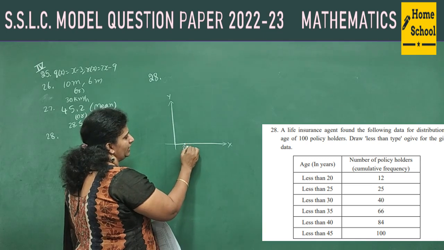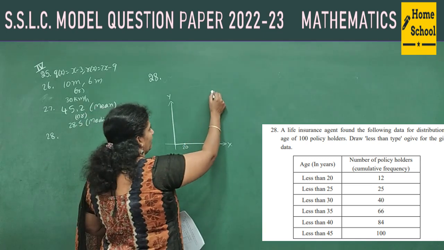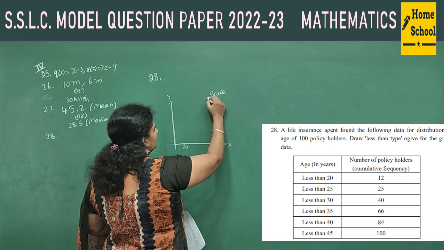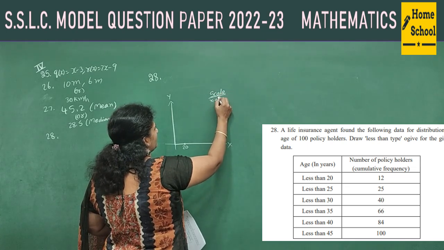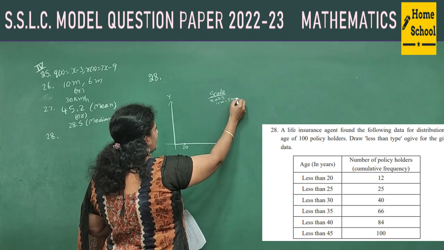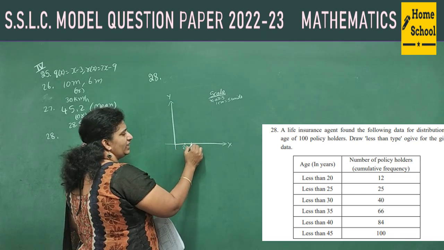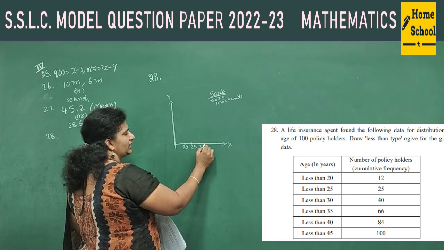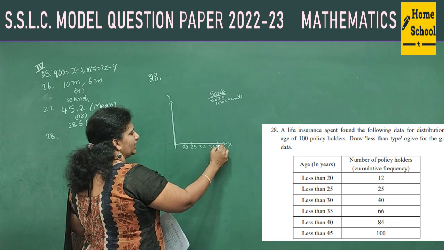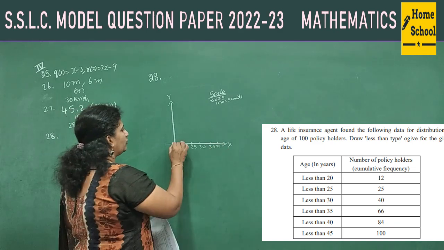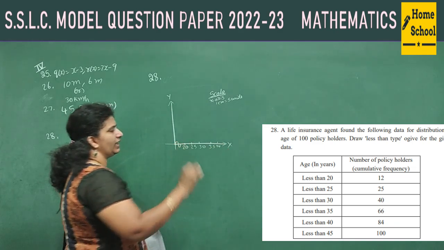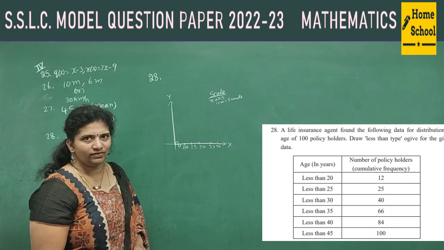So let me take each scale of x-axis. X-axis 1 centimeter is equal to 5 units I will take. See here, I have taken first one 20, next one 25, 30, 35, 40. I will take like this and I am going to compress the graph.